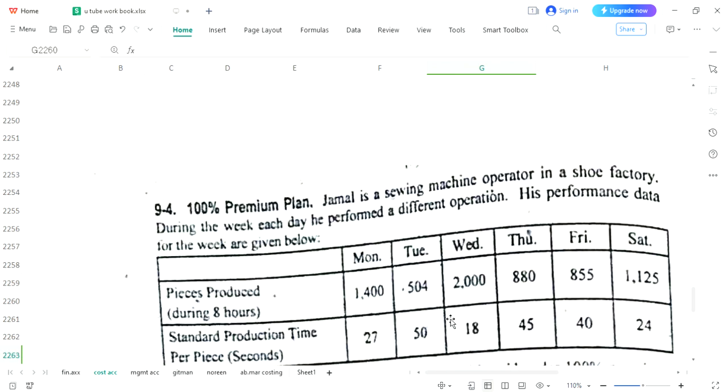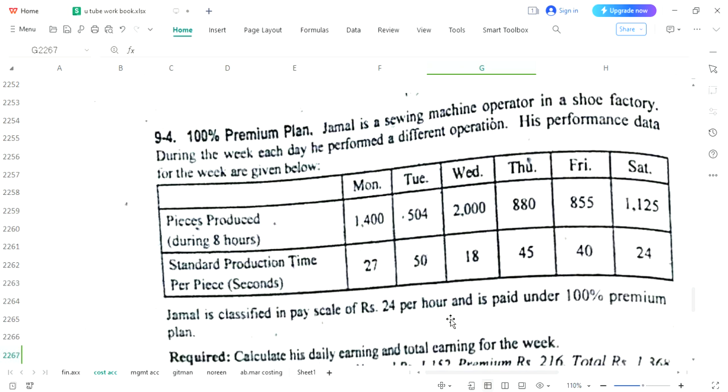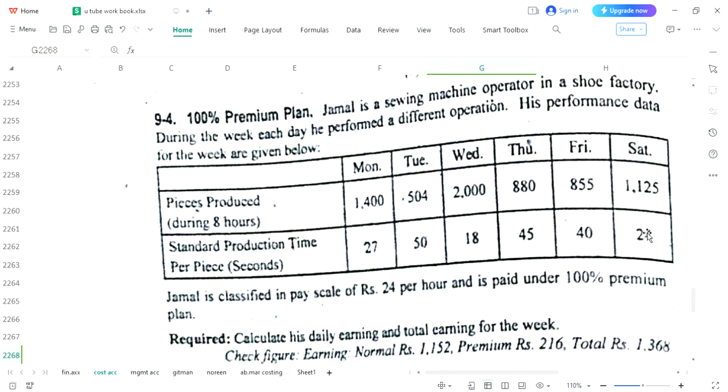Now here see the volume and appearance of this question, and you can imagine what is happening. There is only one worker involved, Jamal, and it's his progress for the whole week from Monday to Saturday. Units he had produced are written over here, and standard time is given beside each unit.